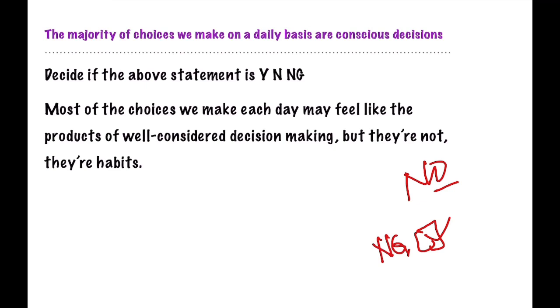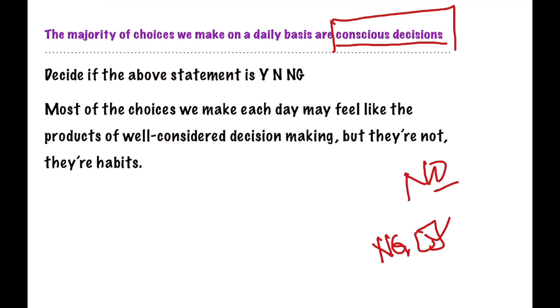So make sure you have a full picture of what the statement is about before you make your judgment. Think of your judgment as a death sentence. Do you want to kill someone who is innocent? No. So let's see why it is a no here. The majority of choices we make on a daily basis are conscious decisions. Conscious decisions is the keyword in this question.